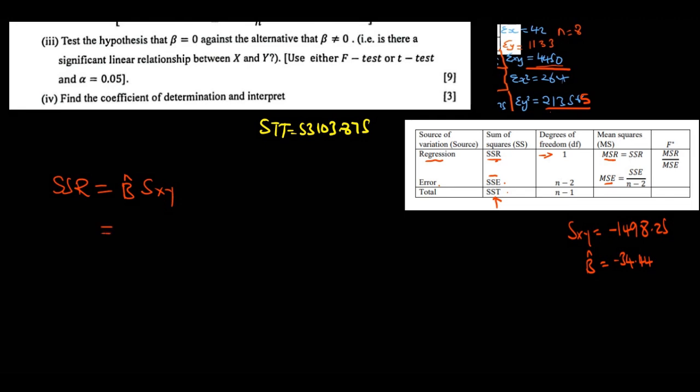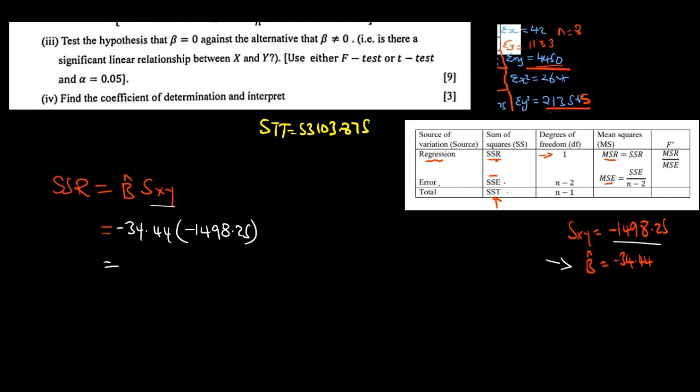Our b cap from the previous page, we found it was minus 3.44. Then we are multiplying this by the Sxy. So Sxy, we found it was this. So we are multiplying by minus 1498.25. So this will give us our SSR.